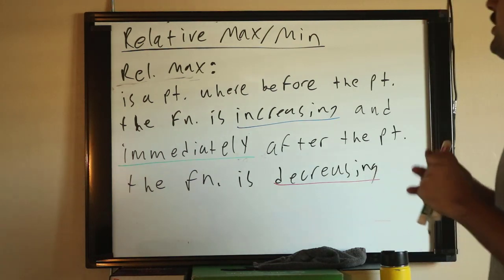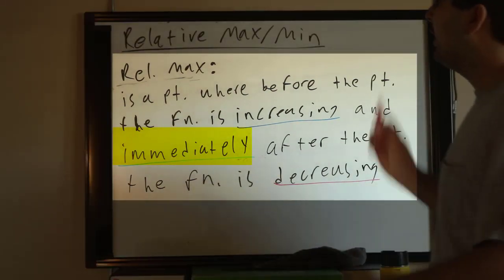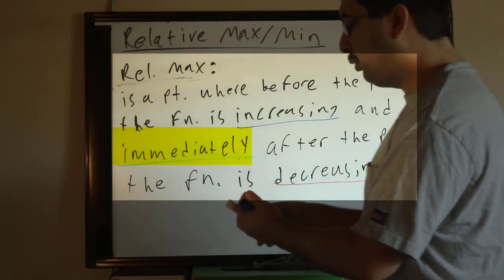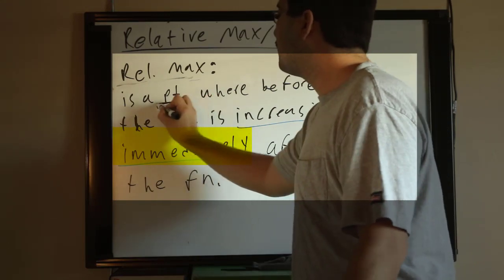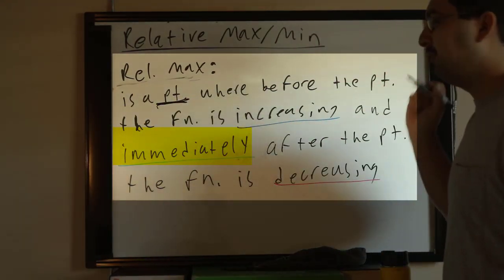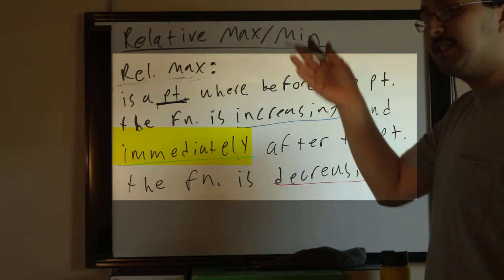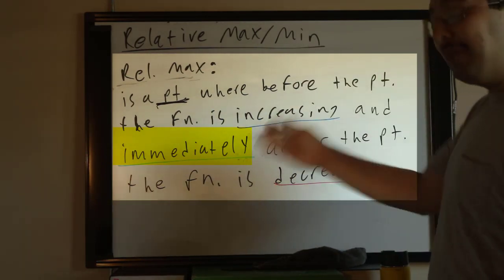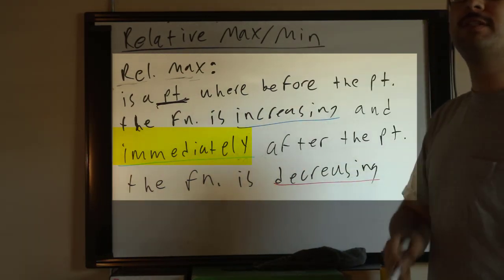Okay, so just to recap, a relative maximum is a point, so we're talking about points here, where before the point the function is increasing and after the point, immediately after the point, the function is decreasing.